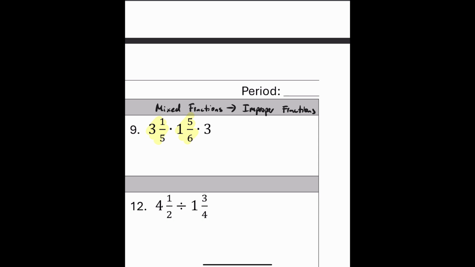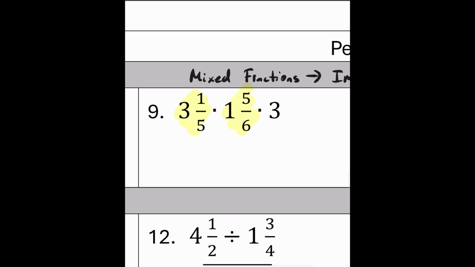So how we're going to convert these mixed fractions, we use something called the Texas method, right? The Texas style. So I'm going to write a plus here and an x, right? That plus and an x looks like a TX, Texas, where I'm just going to do 5 times 3, right?